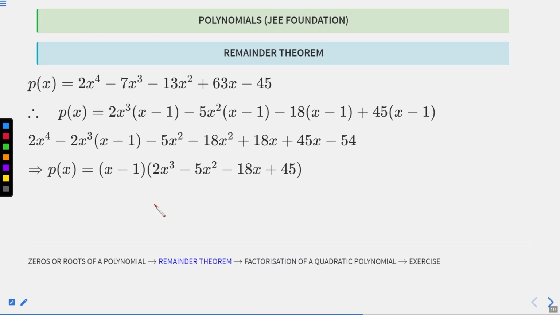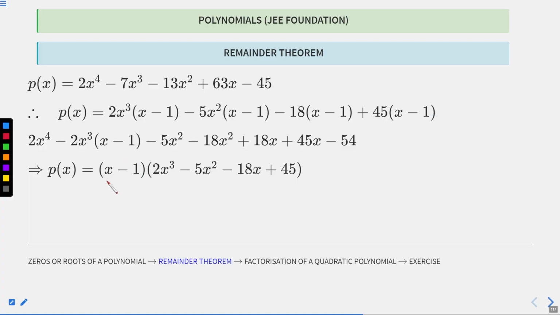Now this expression I can rearrange like this. That means 2x cube times x minus 1 minus 5x square times x minus 1 minus 18 times x minus 1 plus 45 times x minus 1.